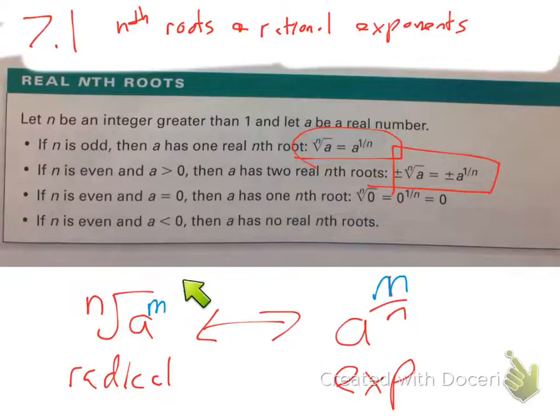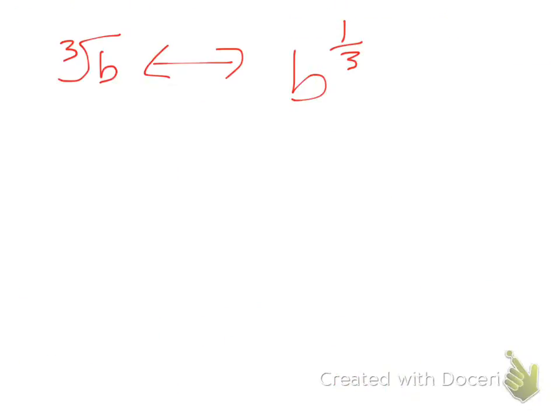This m could be on the outside. So I'm going to add one more because these are the exact same thing. It could be the nth root of a all to the m power, which is the same thing as the nth root of a to the m power, which is the same as a to the m over n.